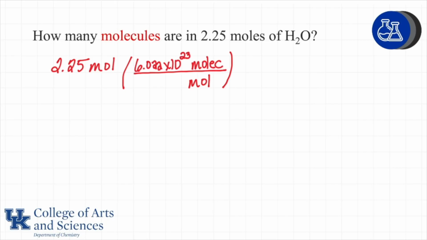We put in our number, 6.022 times 10 to the 23rd molecules is equal to 1 mole. Now we can cancel out moles, and we're left with units of molecules. For my calculation, I can take 2.25 times 6.022 times 10 to the 23rd, and I get 1.35 times 10 to the 24th molecules of water.